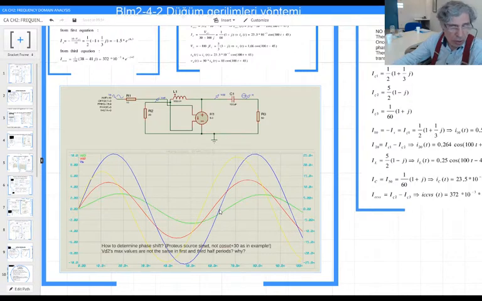That period in terms of time is represented by 360 degrees. So if you make a proportion, the time difference between these two peak values corresponds to what degree? From that you can calculate the phase difference between two signals.